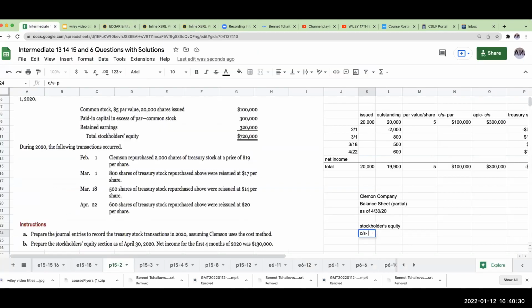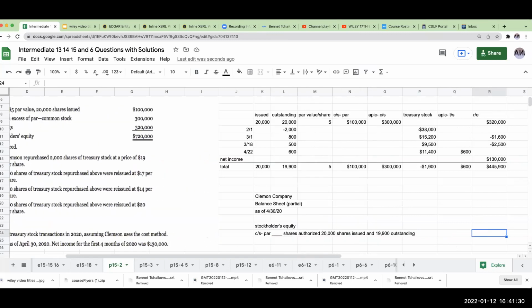This common stock, blank shares authorized, 20,000 shares issued, and 19,900 shares outstanding. This is going to be showing up over here as $100,000.